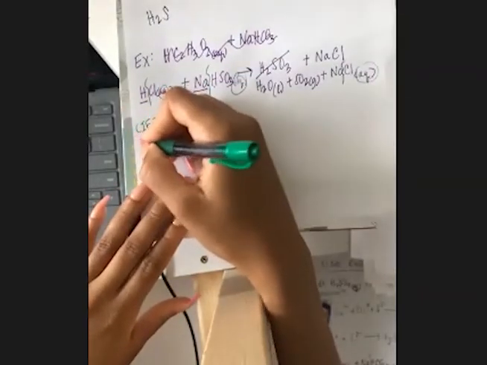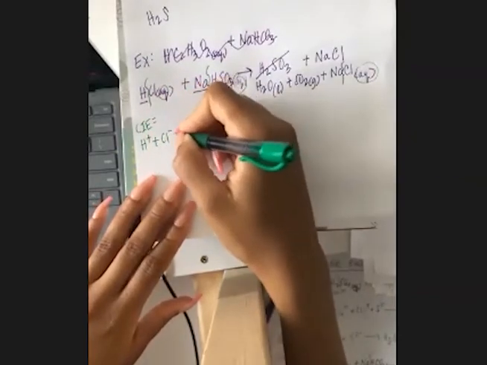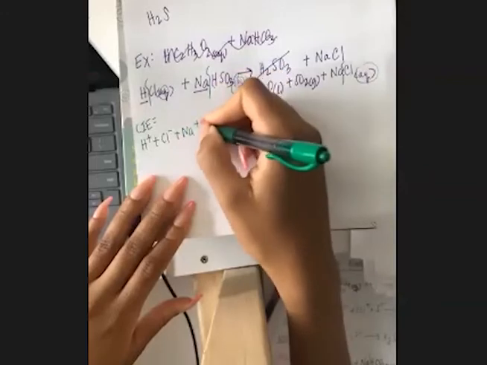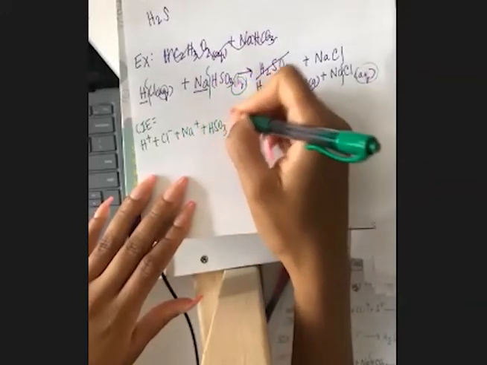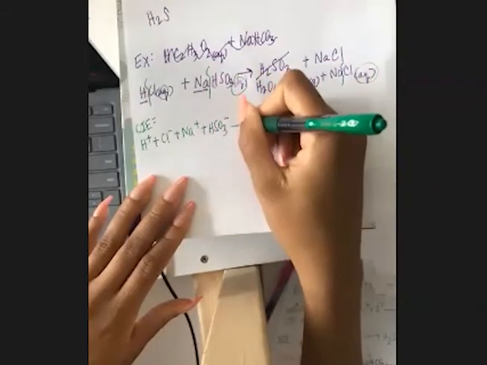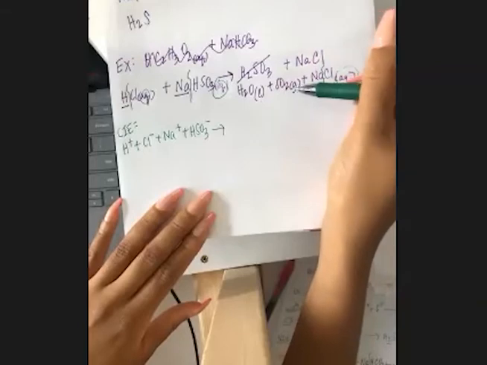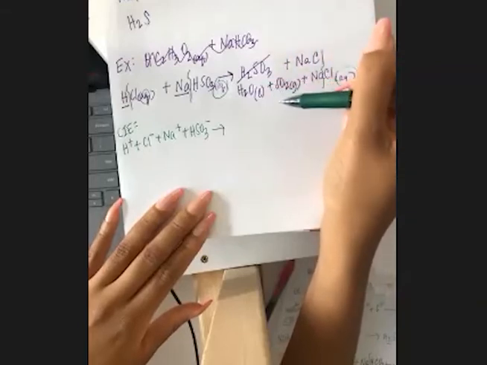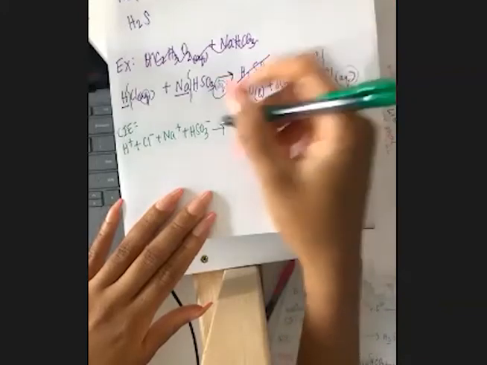So that means I have hydrogen ion plus chloride ions plus sodium plus this bisulfite, HSO3, react to form. I do not break apart the liquid or the gas. If there was a solid here, I wouldn't break apart the solid either. I'm only breaking apart things that have aq next to them.